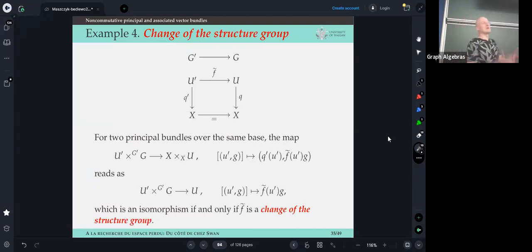Change of the structure group. In particular, the restriction or extension of the structural group of a principal bundle can also be produced with a similar diagram with the same condition. The canonical map being invertible here means that one principal bundle is obtained from another by restriction, or in the opposite way, by extension of the structural group.